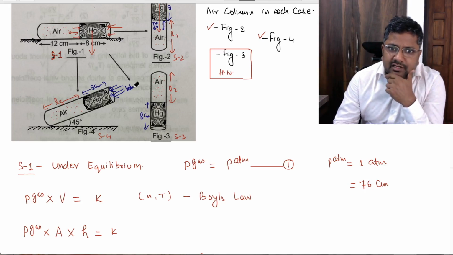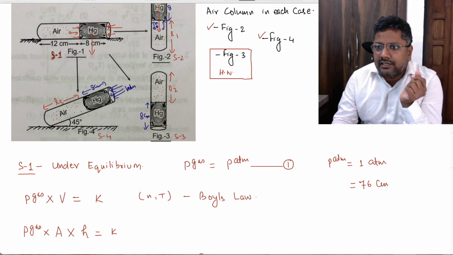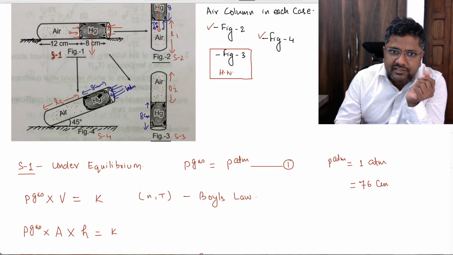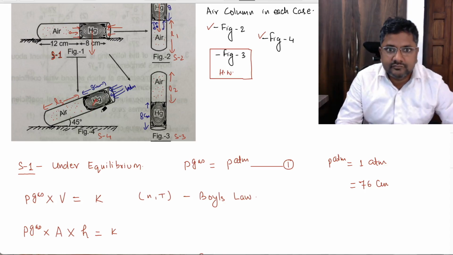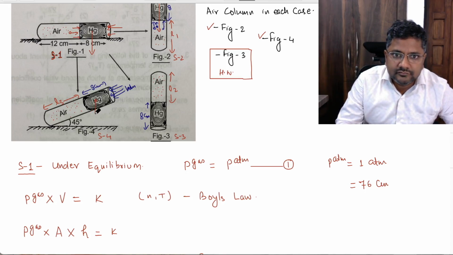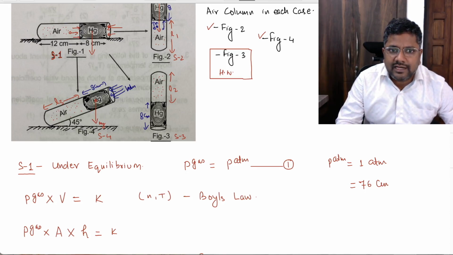But this time mercury will not apply the same pressure because mg will act like this, so you have to resolve this in the components.